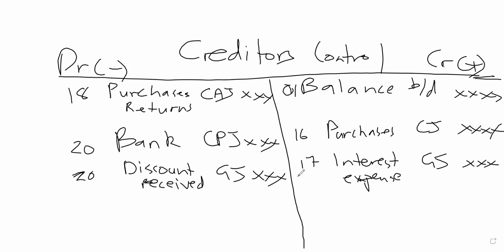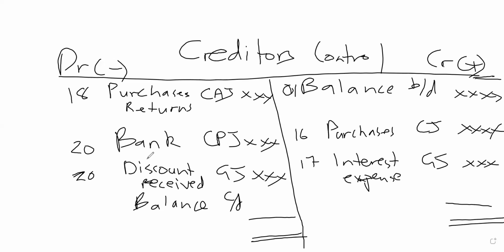You want to identify which side is the lesser side, because on the lesser side, that's where you put the balance carried down, not on the side where it's higher. So after comparing, let's assume maybe the lesser side is the debit side. So here you're going to have balance carried down, but you don't know how much that amount is until you totalize the bigger side, and then you get a figure there.